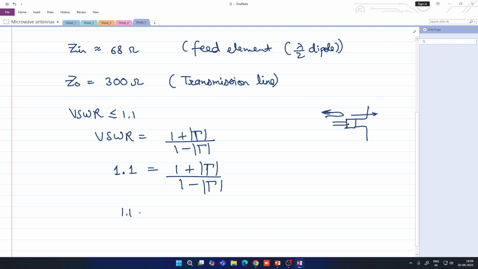We get 1.1 minus 1.1 times gamma equals 1 plus gamma, which gives us 0.1 equals 2.1 times gamma.